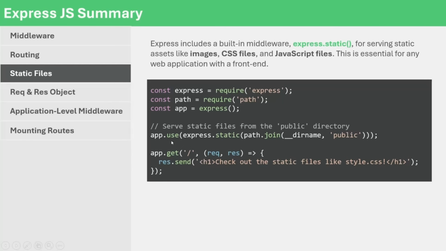So in this example, you see I'm using this express.static method, and to that method I'm passing the folder path which I want to make public. Now you can name your folder anything. It's not mandatory that your folder name should be public. You can name your folder anything, but you need to specify the path of that folder to this static method.